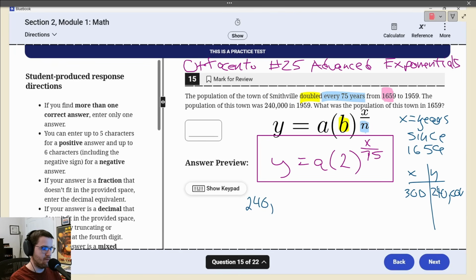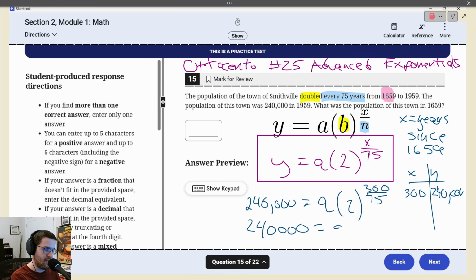So we got 240,000 equals A, we don't know, 2 to the 300 over 75. 300 divided by 75 is 4, so this is 240,000 equals A times 2 to the 4. 2 to the 4 is 16, so to get A by itself, we're going to divide both sides by 16.